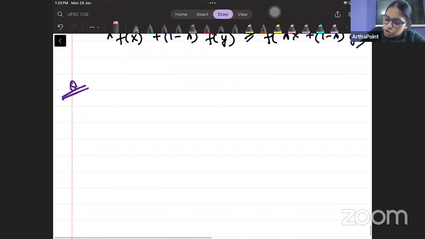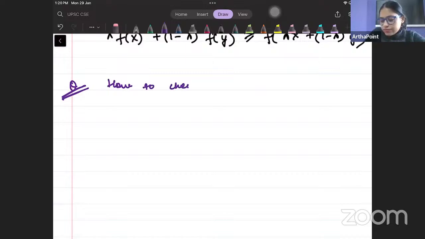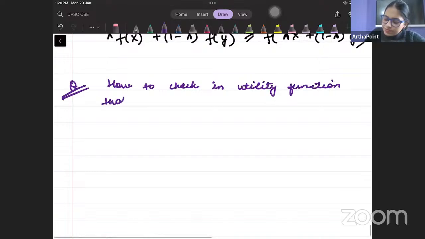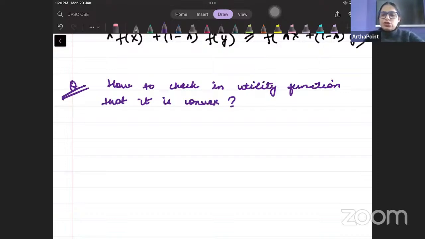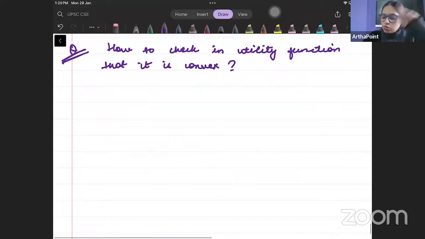So how to check in utility function that it is convex? मैं कैसे चेक करूं यूटिलिटी फंक्शन में that it is convex to the origin? What you will do? 2 steps.